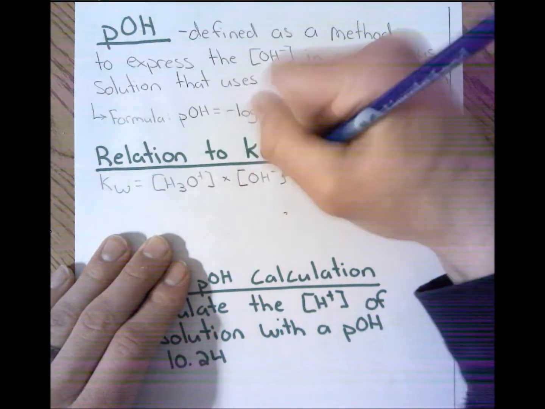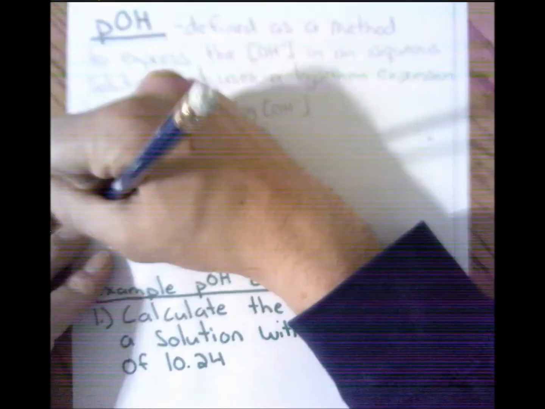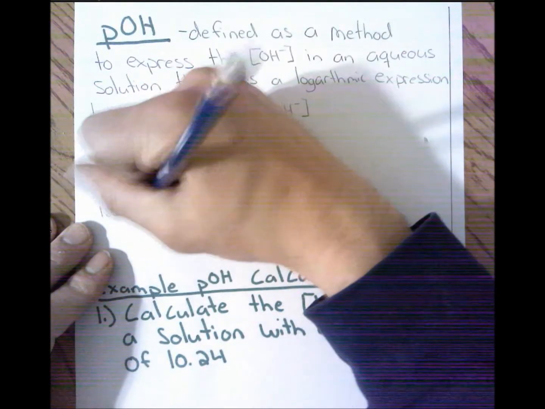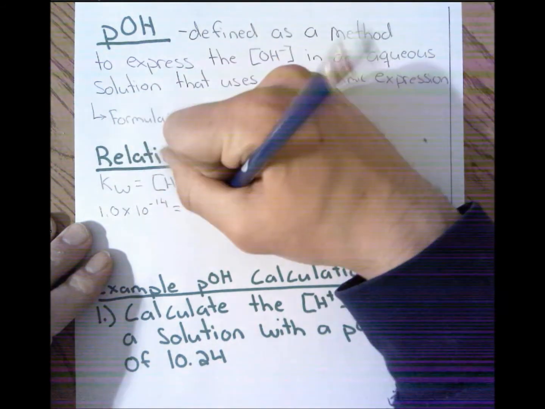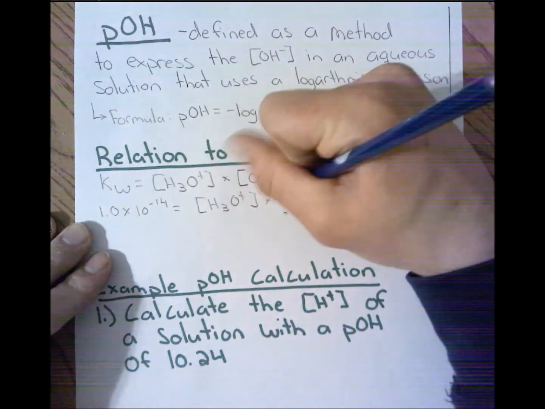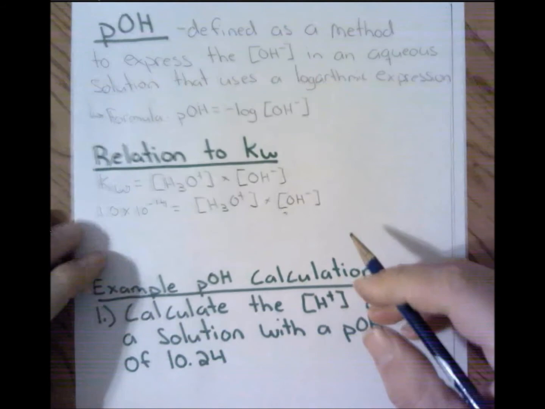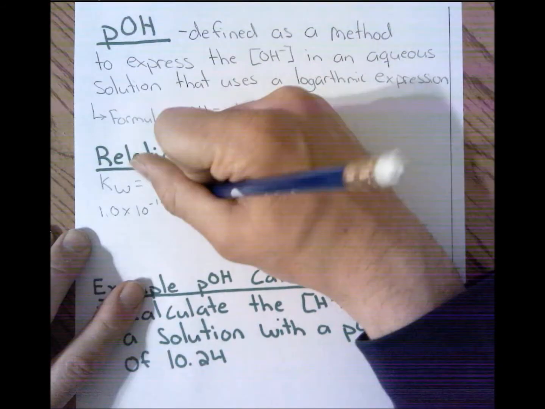Now, instead of putting KW, I'm going to insert the exact value, which if you remember from the last video, is 1 times 10 to the negative 14th equals the concentration of H3O plus times the concentration of OH minus. Now what I'm going to do here is multiply both sides by the negative log.